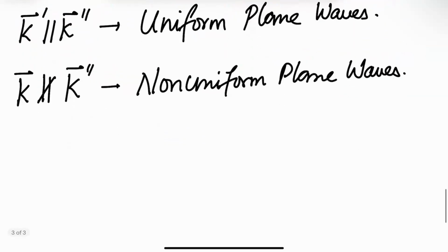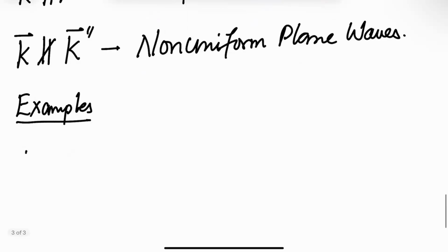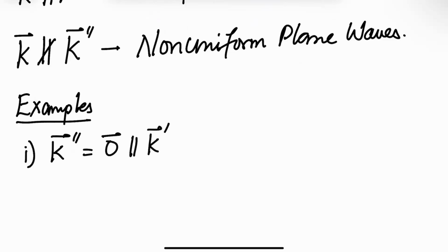Okay, so let's take some simple examples. The first one, of course, is if k double prime is equal to the zero vector. Because it's a zero vector, you can put it in any direction, so it's parallel with the k vector.